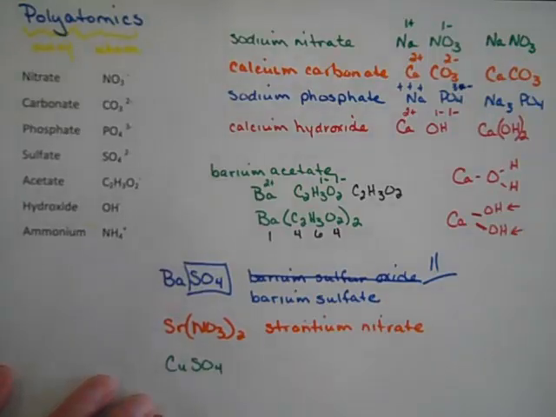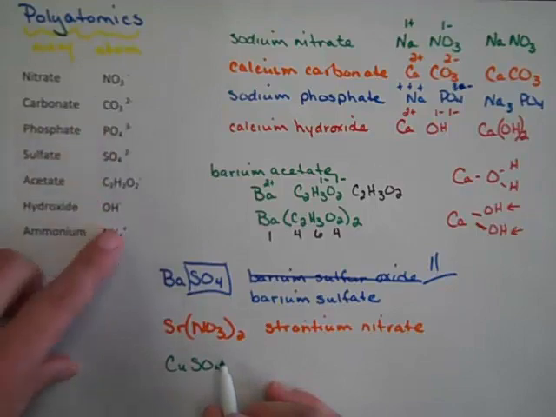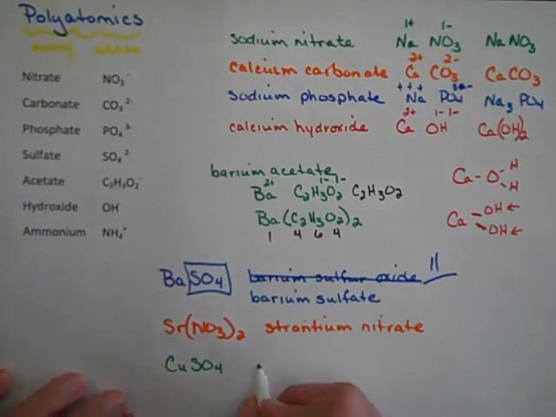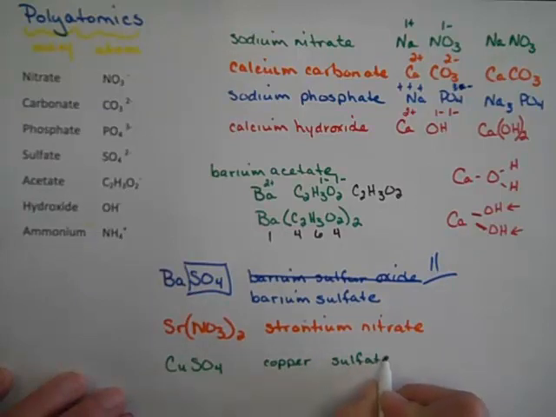Here's a good one. What if we have copper and sulfate bonded together? So we could look at this and we're on a roll here, and we know that this is sulfate. We've got these memorized. So we have copper sulfate.